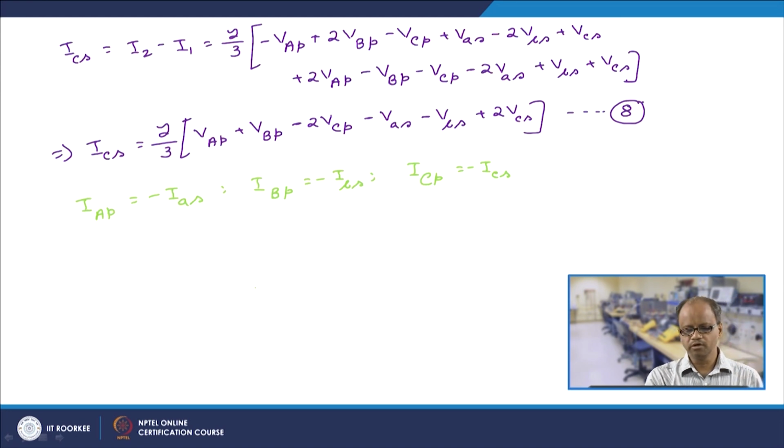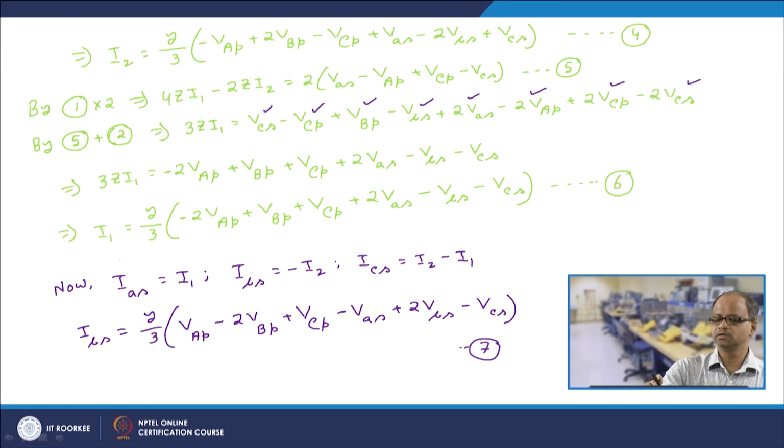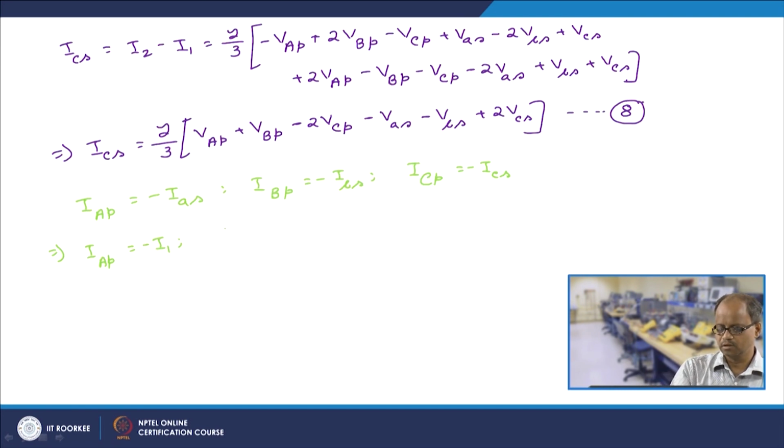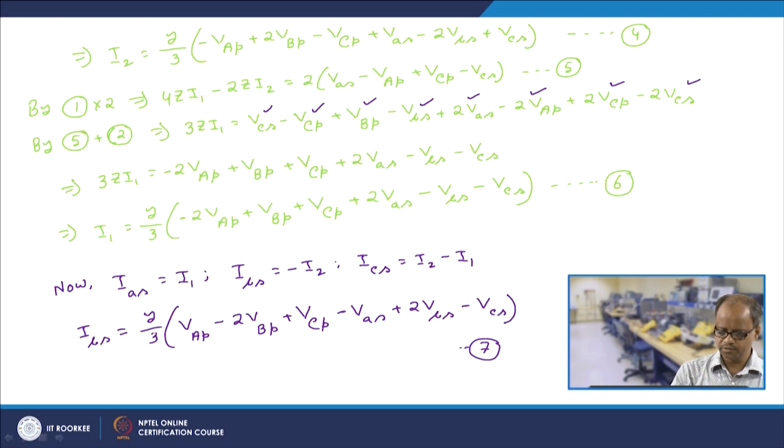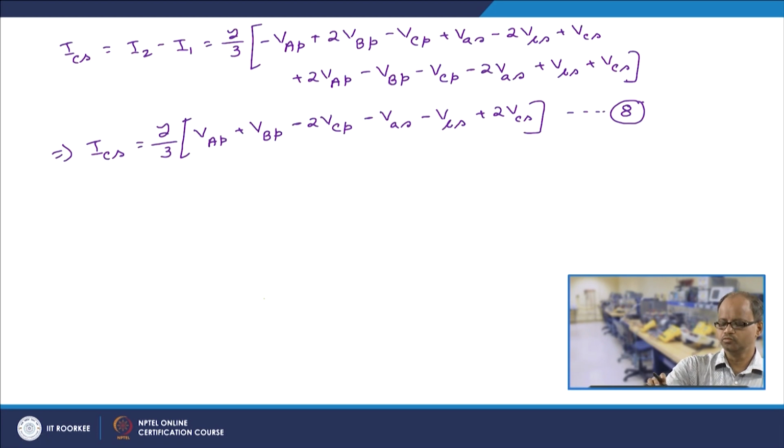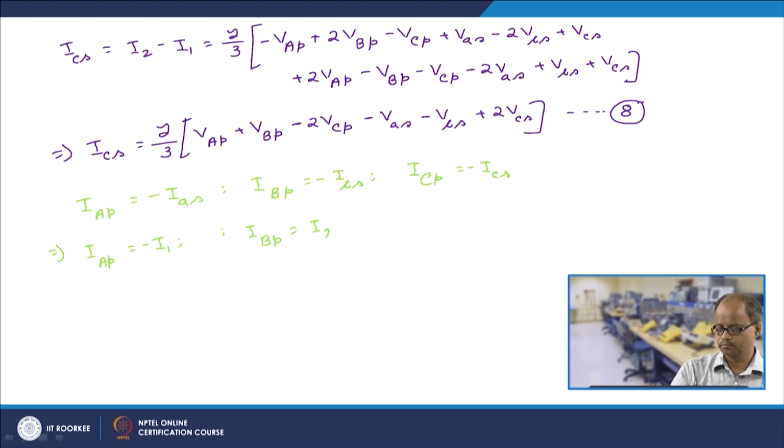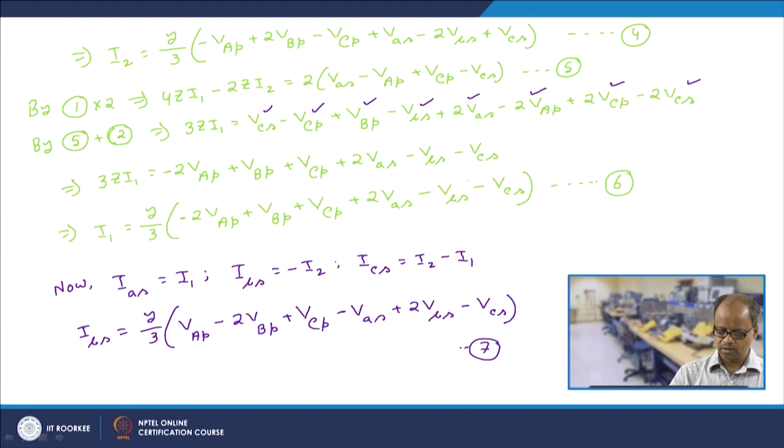Utilizing this, IAS is equal to minus I1, IBP is equal to minus IBS, means I2, and ICP is equal to minus ICS, means I1 minus I2.